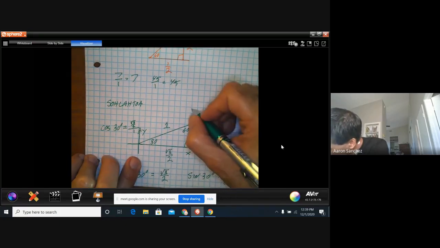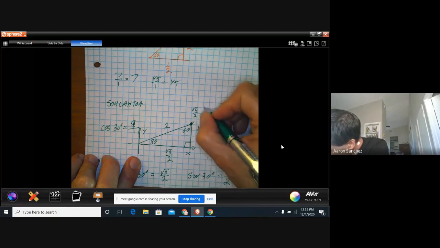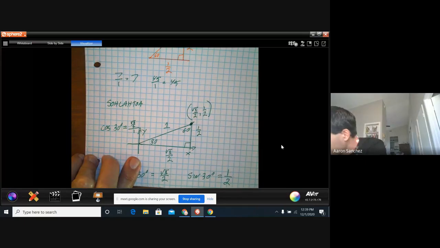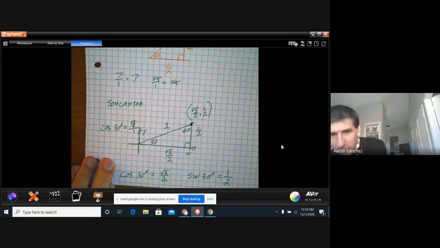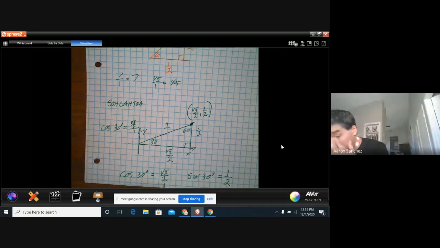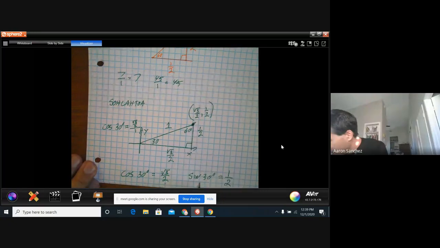The x-coordinate of this point would be root 3 over 2, and the y-coordinate would be 1/2. And remember, cosine of 30 degrees is root 3 over 2, which is my x, and sine of 30 degrees is 1/2, which is my y. Cosine equals x, sine equals y.